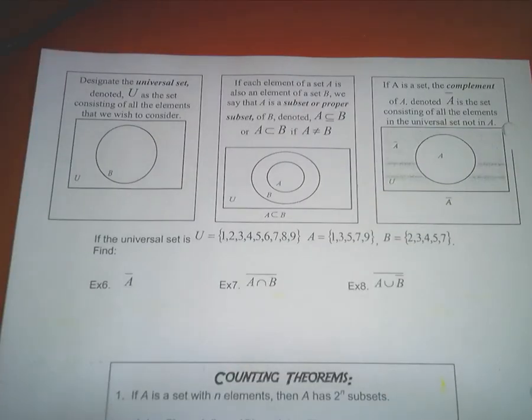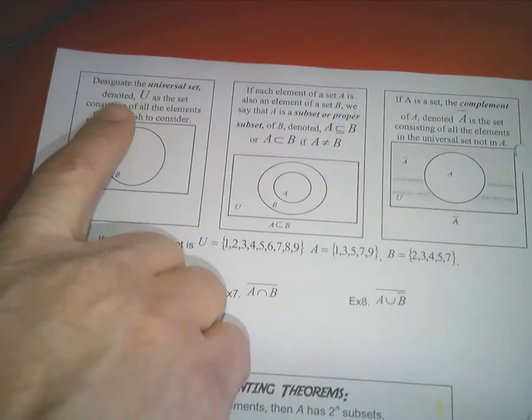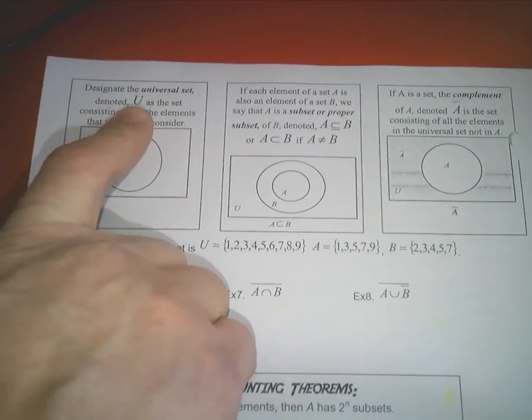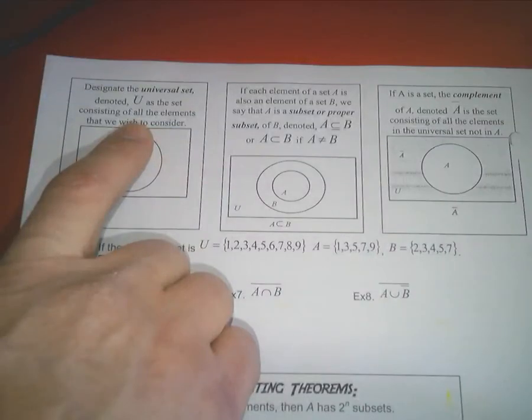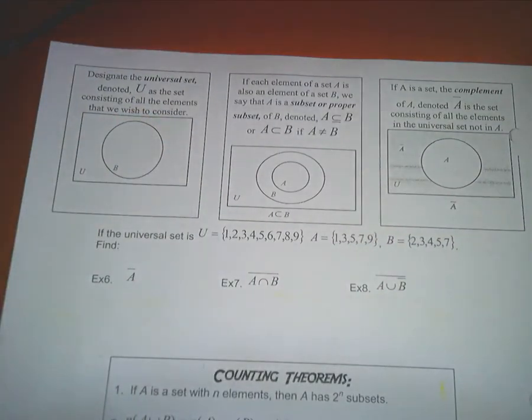All right, so now we've got some other vocab things we've got to talk about. When we take a look, it says designate the universal set. It is denoted with a capital U. Okay. And it's a set consisting of all the elements that we wish to consider. So that means everything in our set.